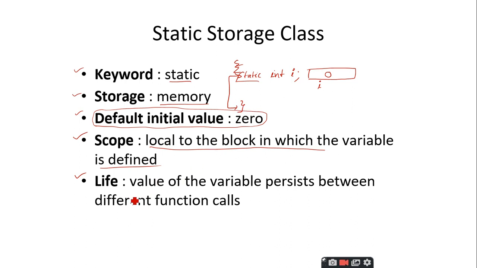That means you can see here, the value of the variable persists, therefore it retains its value between the function calls. I will tell you with an example. So the lifetime of a static variable, very important, is that the value of the variable persists between the function calls.